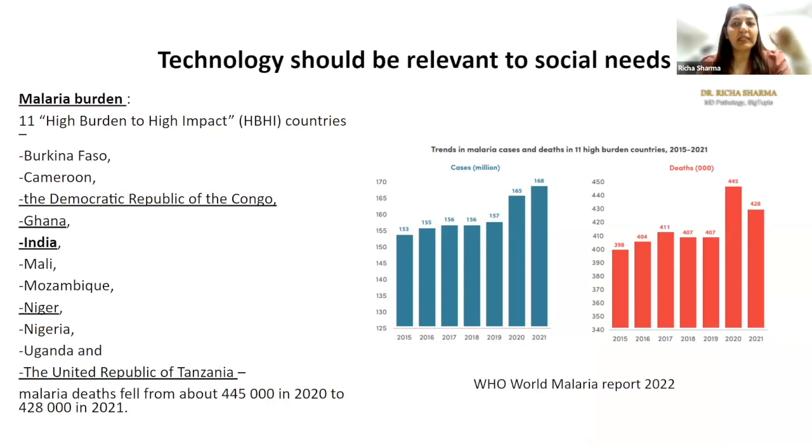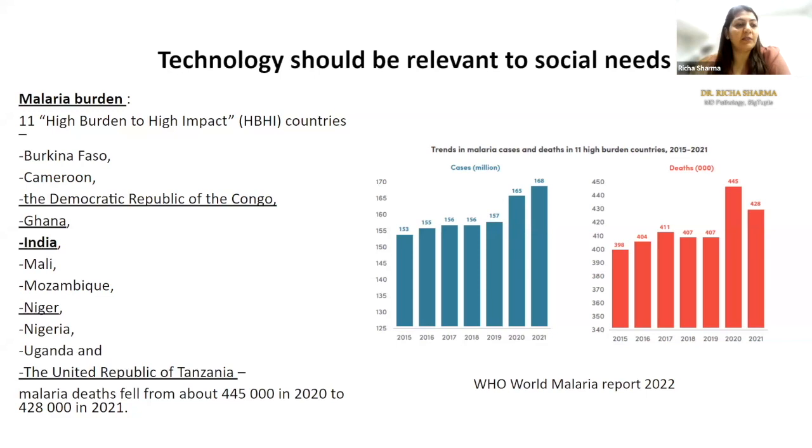Also, every technology has to have relevance to social needs. Hence, we started developing a malaria module in our device. Now we know that malaria is a global health problem. According to the World Malaria Report 2022, the bulk of the problem of malaria lies in 11 countries, which WHO calls high burden to high impact countries.